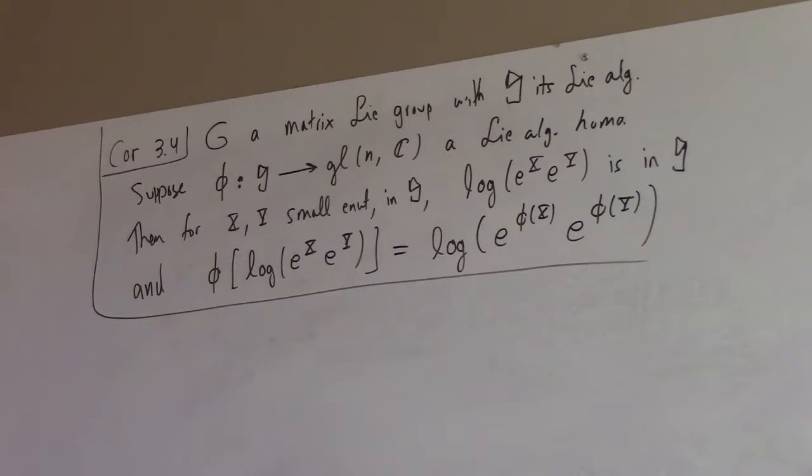He says if x and y are in the Lie algebra fraktur g, then ad x and ad y will leave g invariant, and so will... that makes sense.